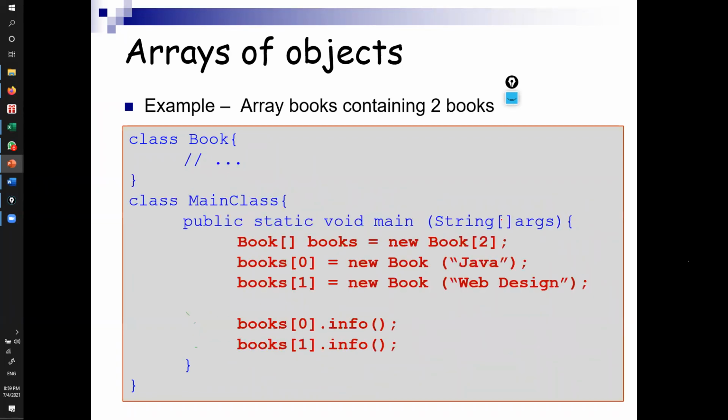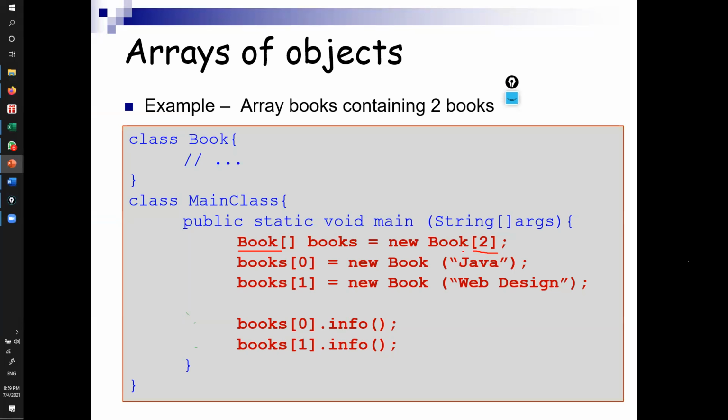All right. So you can even have an array of objects. What does that mean? Like you have a class called student, for example, or called book. So you can have a collection of books. If I do this one, I'm creating two instances of the books.